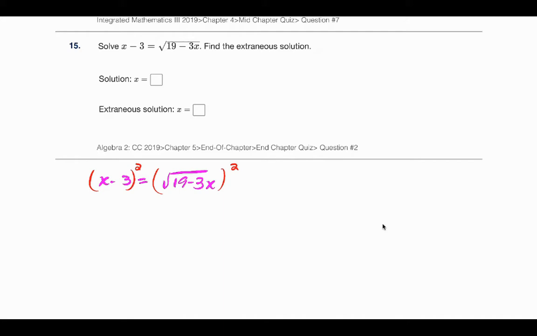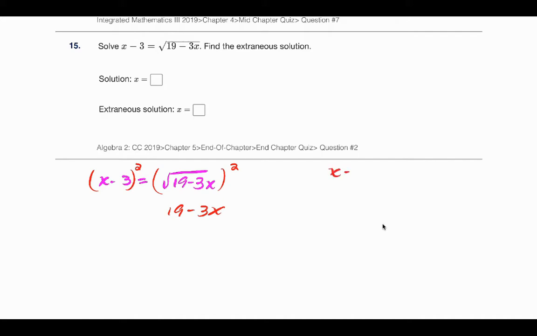So when I square both sides, the right-hand side just becomes 19 minus 3x. The left-hand side becomes x minus 3 times x minus 3.